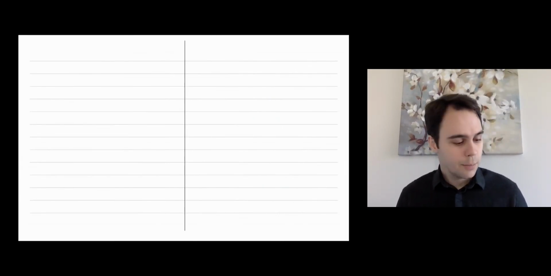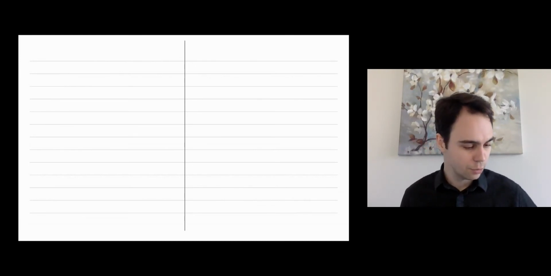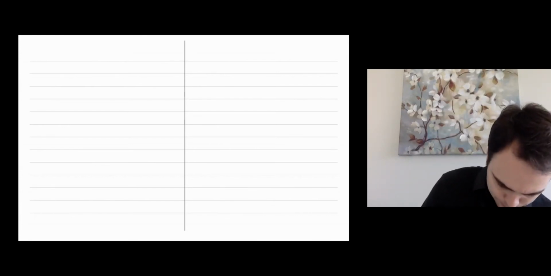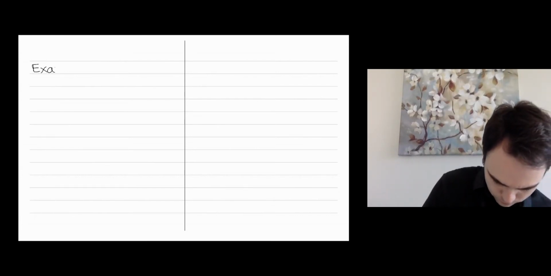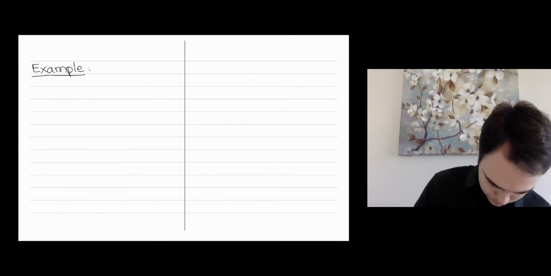So next up, I'd like to consider the problem of changing the order of integration in triple integrals. So let's look at an example. I'm going to give you an iterated integral. Let's say this one.